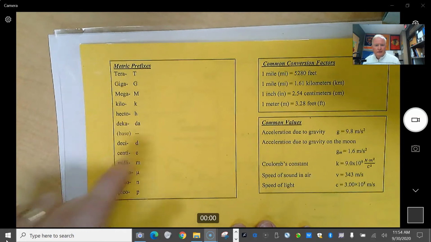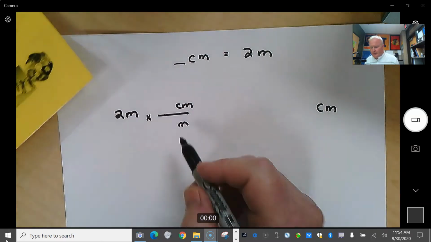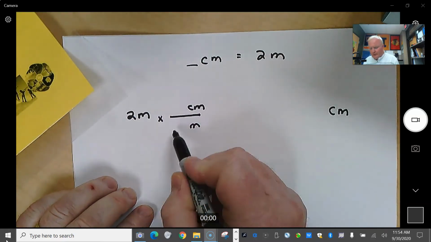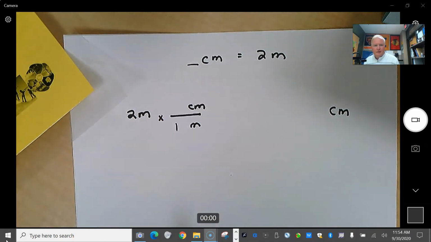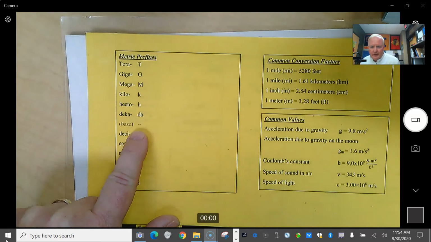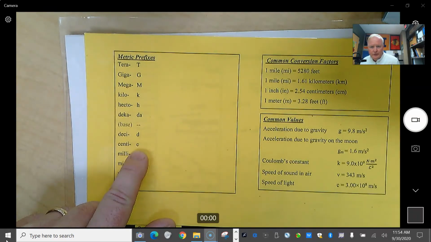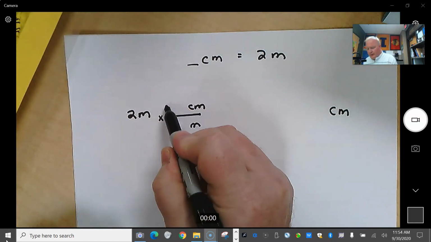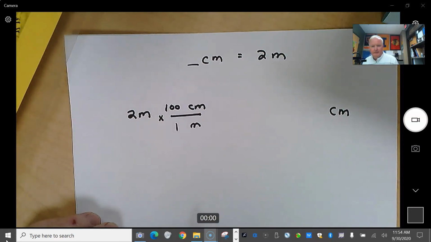Since meters is on the upper part, meters is bigger, right? And so we put a 1 in front of it. And then we go back to our sheet and we say, okay, centi is down here from the base, 1, 2. So that's 1/100th. And so we put in the 100 right there.